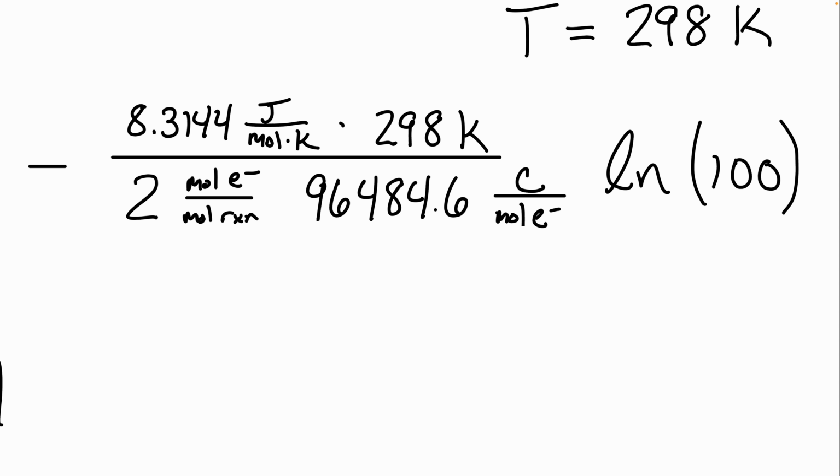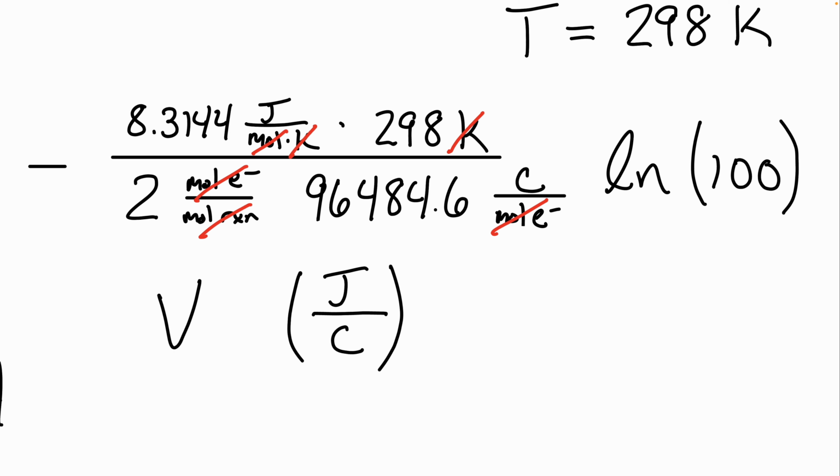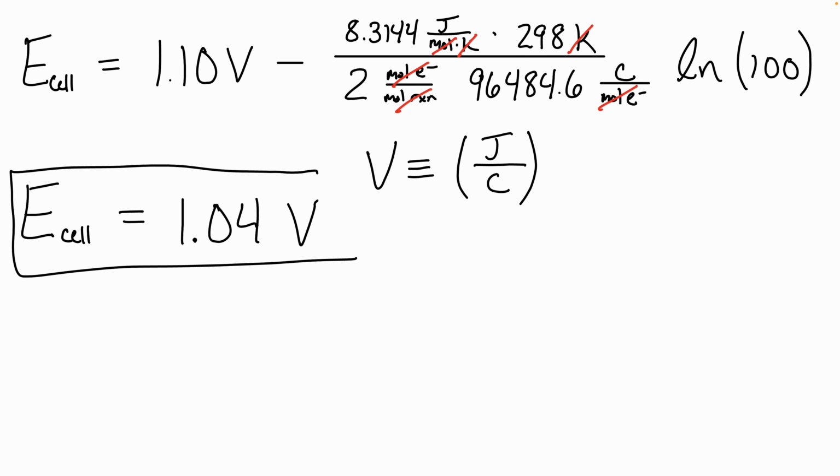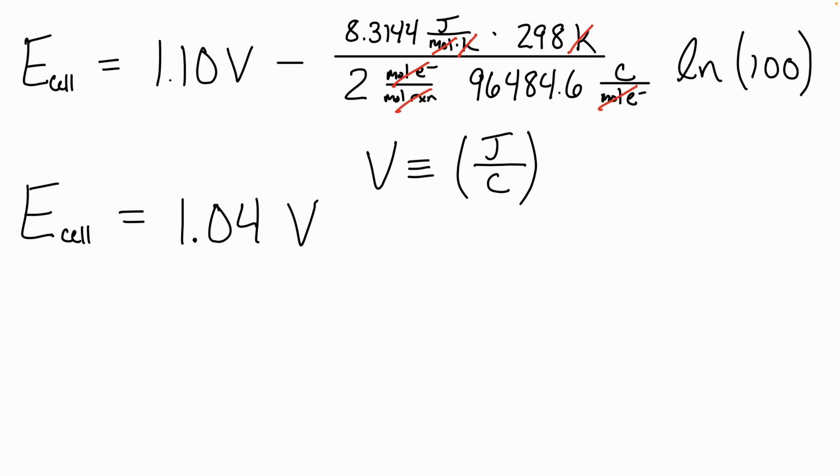Over here we have Kelvin that cancels out. We also have mole reaction that cancels out, as well as moles of electrons. So what we're left with over here is joules per coulomb, right? But what was the definition of a volt? A joule per coulomb. So indeed, we do work out to our units of volts over here as well. The beauty of units.